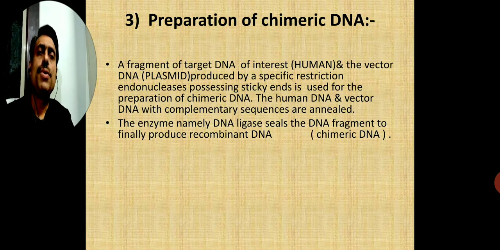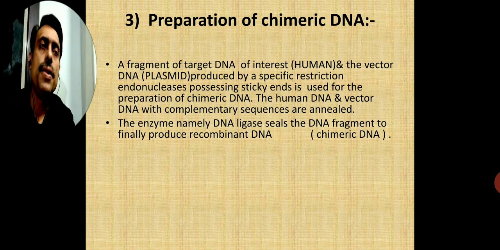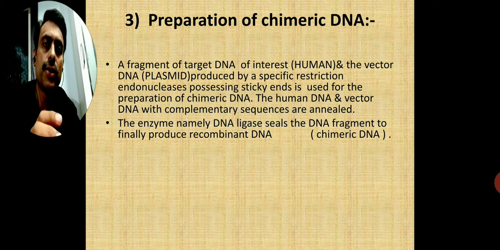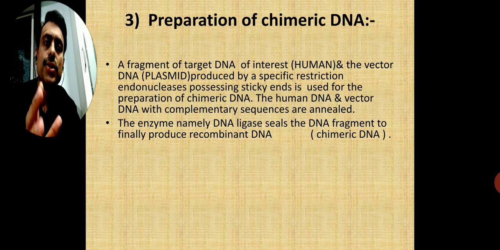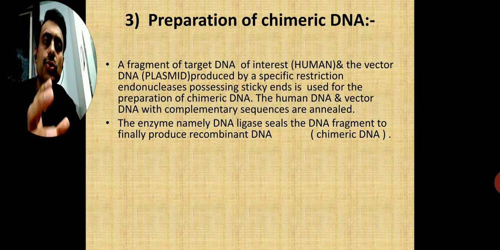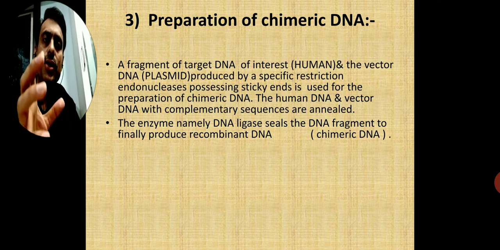Now third is preparation of chimeric DNA. A fragment of target DNA of interest, human DNA, and the vector DNA, that is plasmid, are produced by restriction endonucleases possessing sticky ends. Sticky ends are used for the preparation of chimeric DNA.